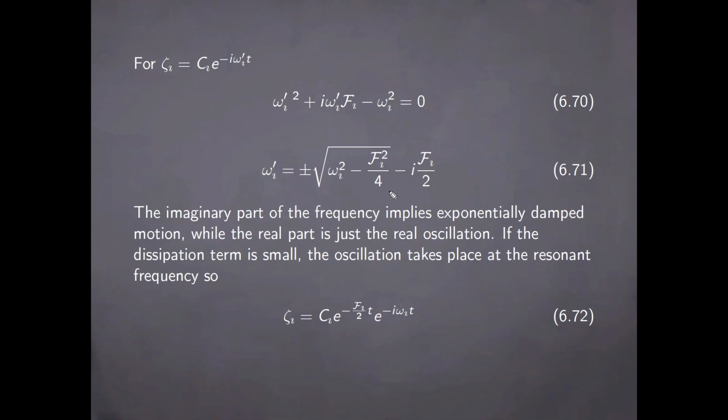And if the dissipation term is small, then the oscillation takes place practically at the resonant frequency. So we speak of solutions of this form, which are just damped harmonic oscillations, a generalization to an arbitrary number of degrees of freedom from the problem of the damped harmonic oscillator that we studied in the introduction.